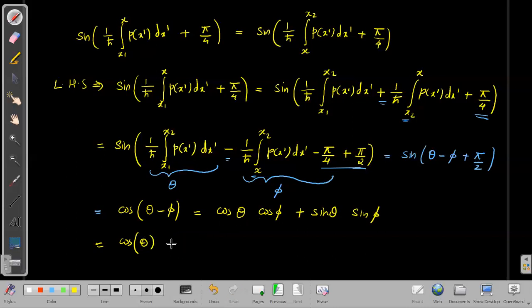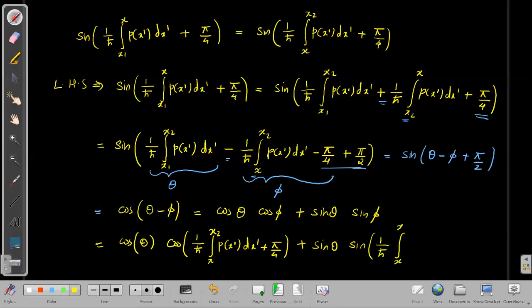So cos theta, and we'll substitute cos phi, where phi is 1 by h cross integral x to x2 of p of x prime dx prime plus pi by 4, plus sine theta times sine of 1 by h cross integral from x to x2 of p of x prime dx prime plus pi by 4.